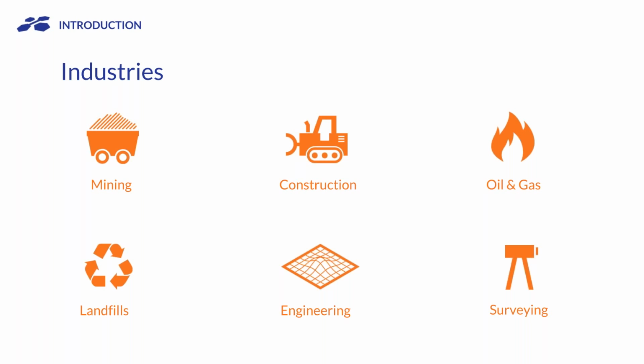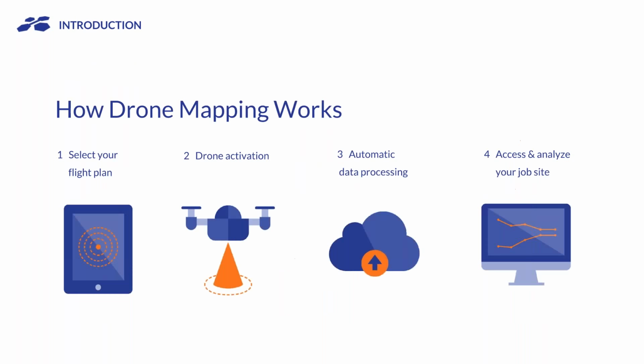For oil and gas, you see it in things like well pads, impoundment ponds, pipeline construction. And for landfills, it's used both for the actual landfill construction process and then to optimize how the airspace is filled to make sure that they're not exceeding the capacity, but that they're maximizing everything they have. And then also within engineering and surveying, just as tools to gather the same data they've always gathered, but do it more quickly, more affordably, and more efficiently.